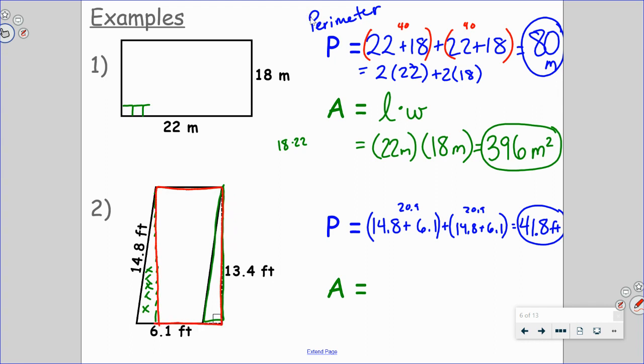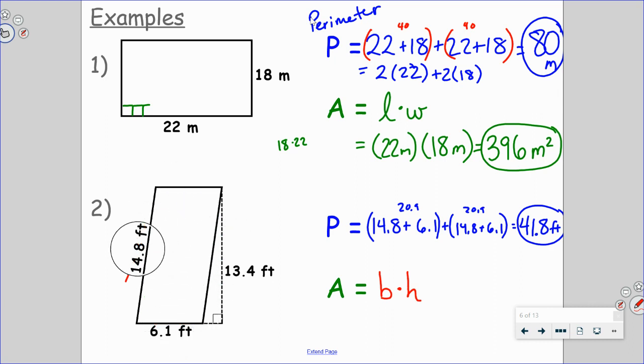A rectangle where one edge is that 6 and 1/10, and the other edge, we no longer need that 14 and 8/10, folks. So area of a parallelogram is the base of that parallelogram times its perpendicular height.